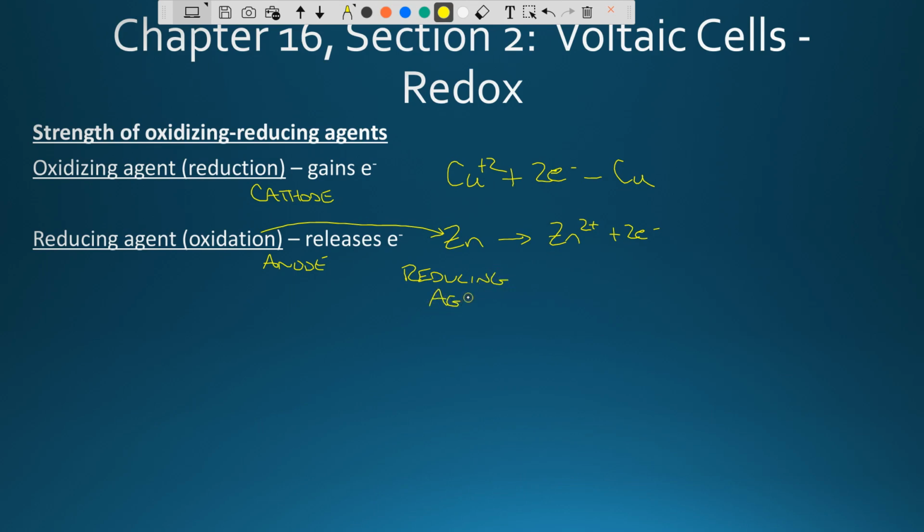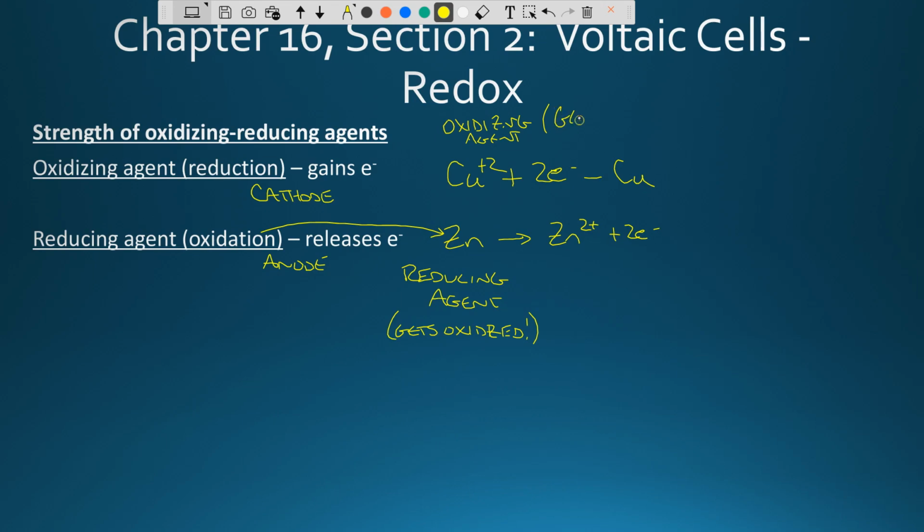Now, the reason we call it a reducing agent is because it gets oxidized. Copper would be referred to as my oxidizing agent. Why is that?